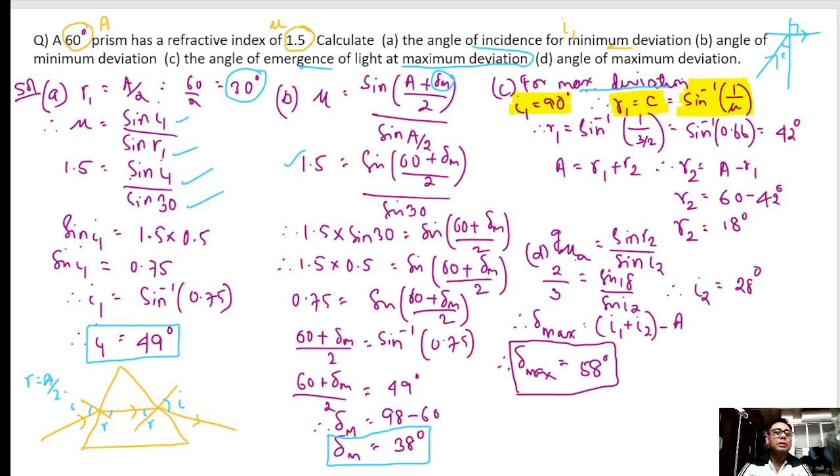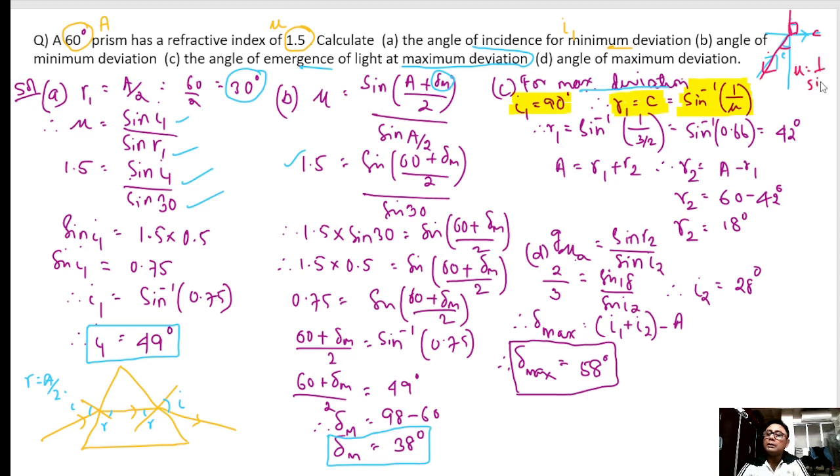Or if any ray is striking at perpendicular along the surface with the normal, it will come out at the critical angle.